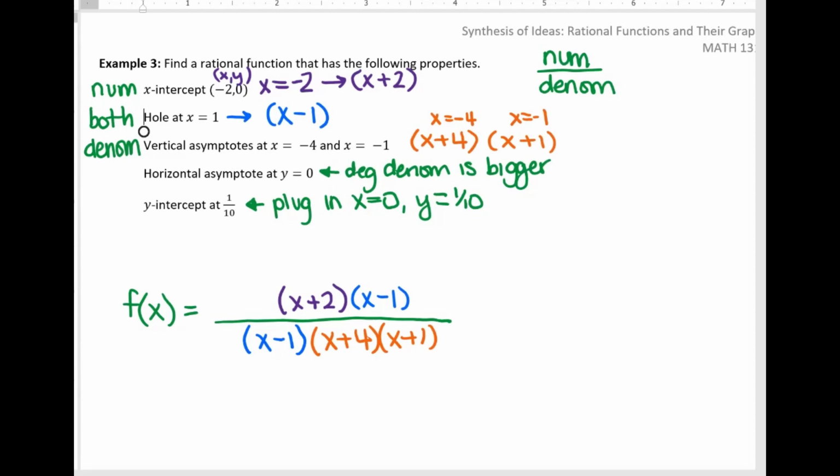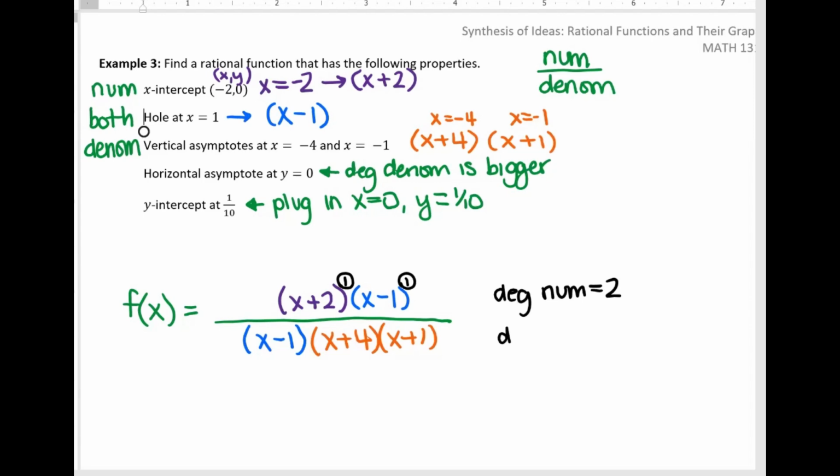Says that we need a horizontal asymptote of y equal to 0. We know the degree of the denominator needs to be bigger. So if we check the degree of the numerator, we have 2, factored form polynomial, add the exponents.